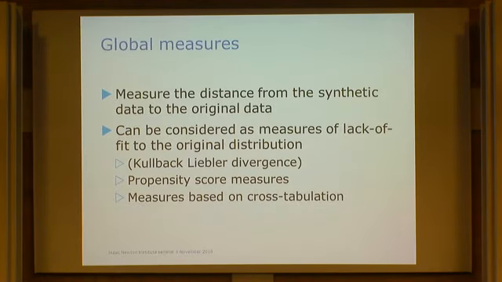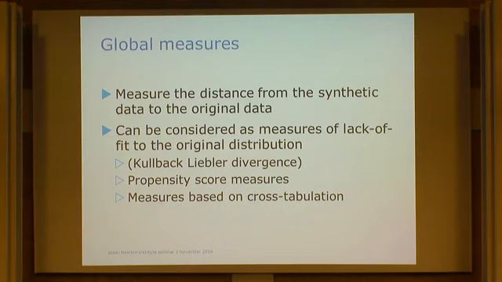So let's talk about global measures. Basically, the global measures measure the distance from the synthetic data to the original data. And you can think of them as a measure of lack of fit to the original distribution. The Kullback-Leibler divergence has been suggested as a way of doing that, but that's actually a difference between distributions rather than a difference between empirical data sets.